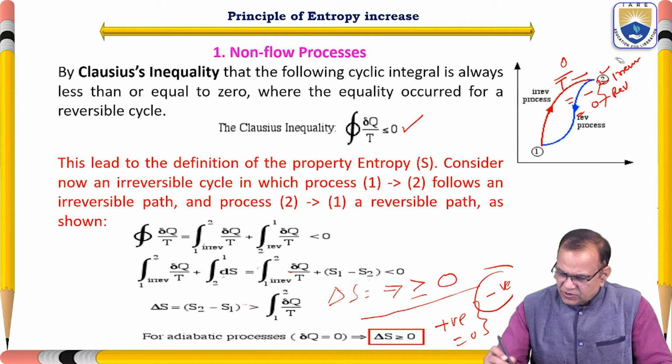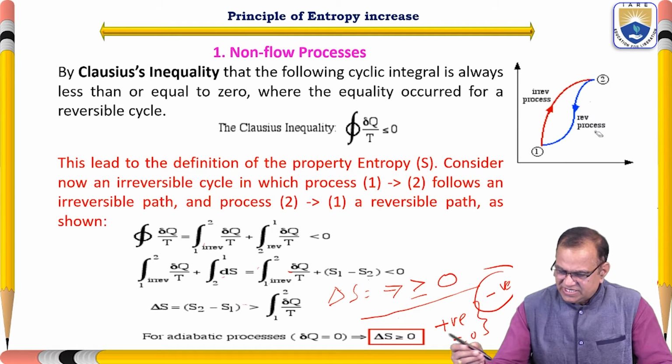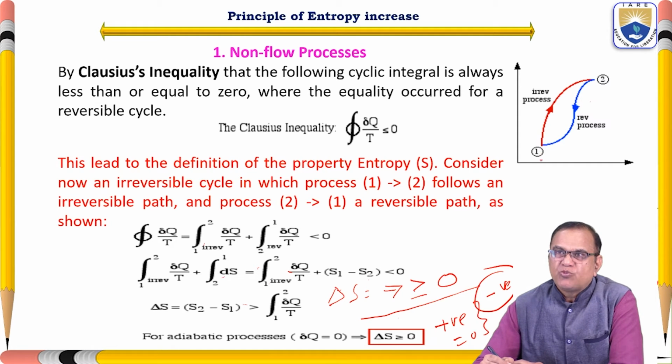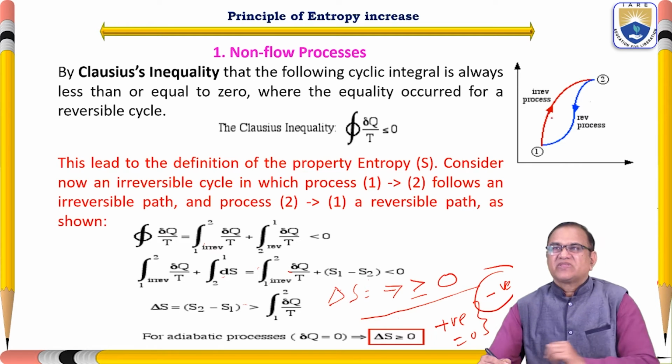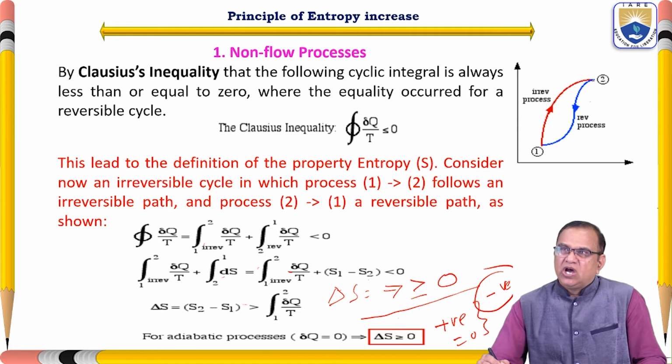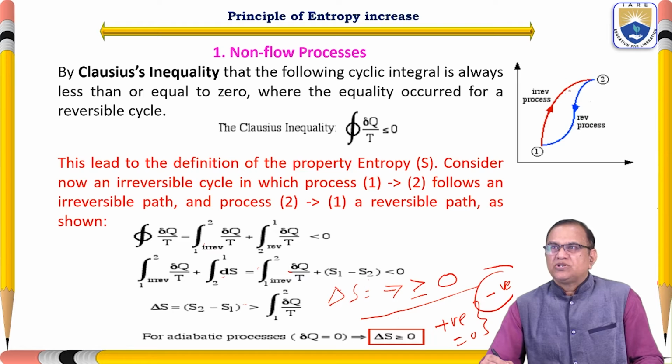Here the process is depicted. You can see here that here is the point 1. From this point you are going first with a red line, which is the irreversible process, and then it is reaching to the 2. From the 2 it is going by the reversible process, reaching to the 1. So this is 1 to 2 and 2 to 1.